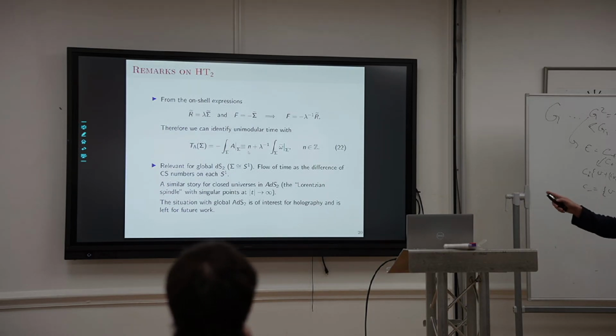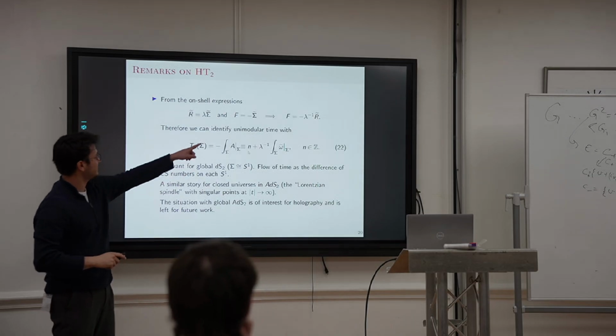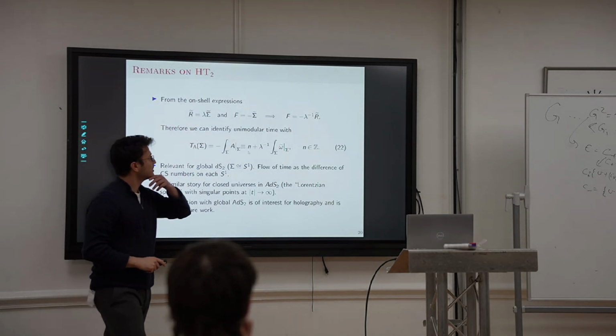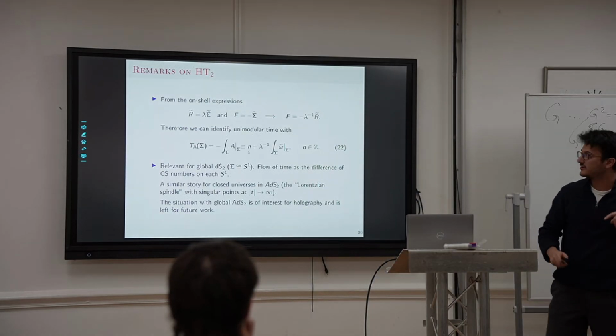Yes, so from the on-shell expressions, we also have these two. This is the big lambda variation, and this is the phi variation. You can actually relate F to R tilde, which is a very interesting feature.